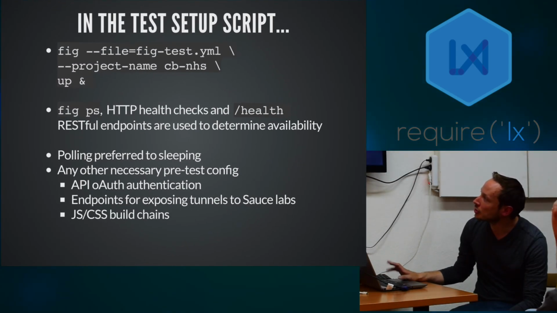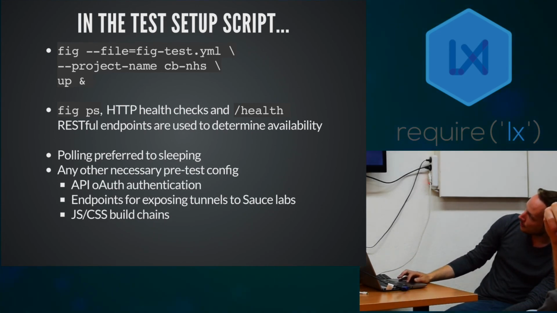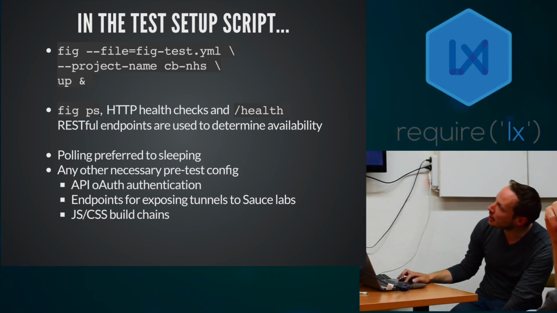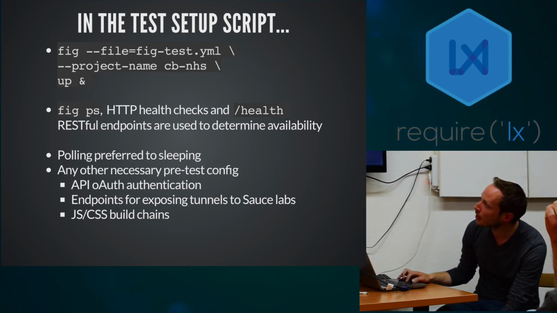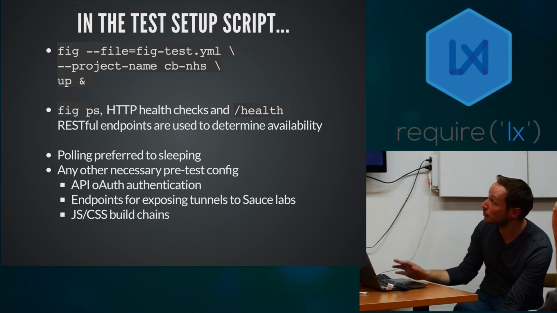Here's another one, just for example. And this broadly is how we ran these tests. Essentially you use Fig like this to bring the service up. You run fig ps to ensure the services that you expect to be there are there and nothing more.